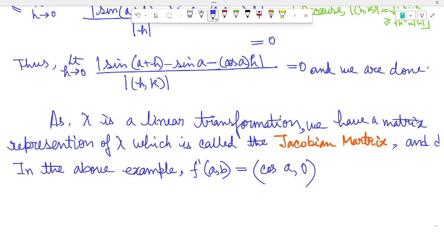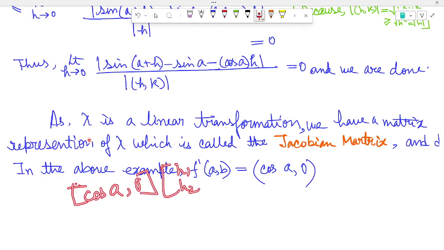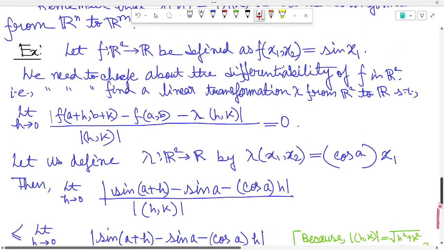It is a linear transformation. Suppose I input a vector h1, h2 or x1, x2 and multiply by this; then I get, transformed by that linear transformation, cos a x1. Okay, so this is the thing.